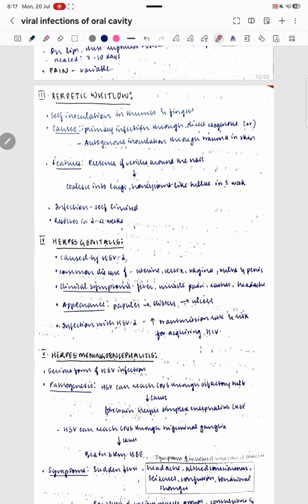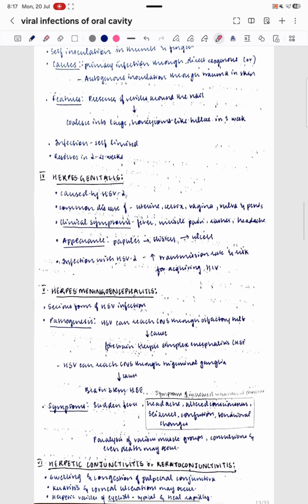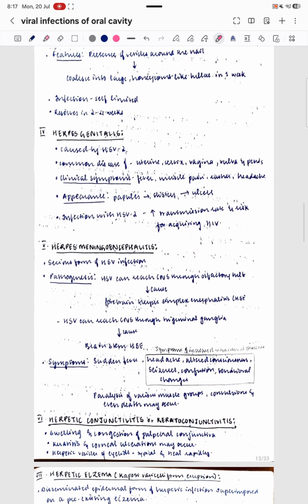So basically, if there is a cut in the skin or a break in continuity of the epithelium due to some trauma, then the virus might enter through the thumb or fingers, and that is your self-inoculation. Then that causes the presence of vesicles, those vesicles coalesce, and they form a large honeycomb-like bulla in 1 week. This infection is usually self-limited, so it stops there and resolves in 2 to 4 weeks.